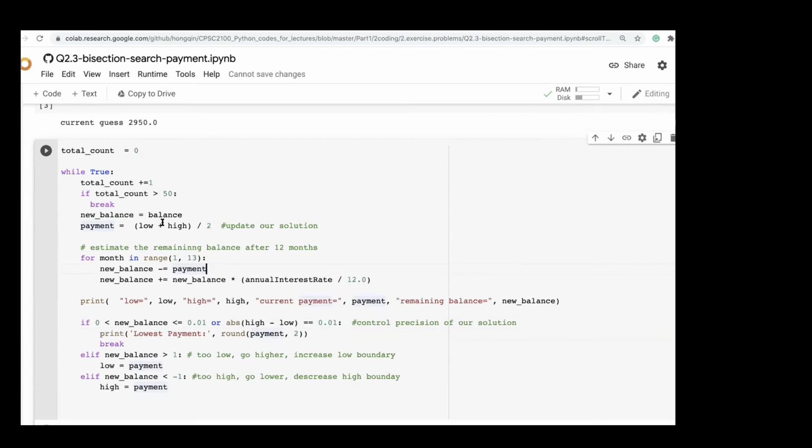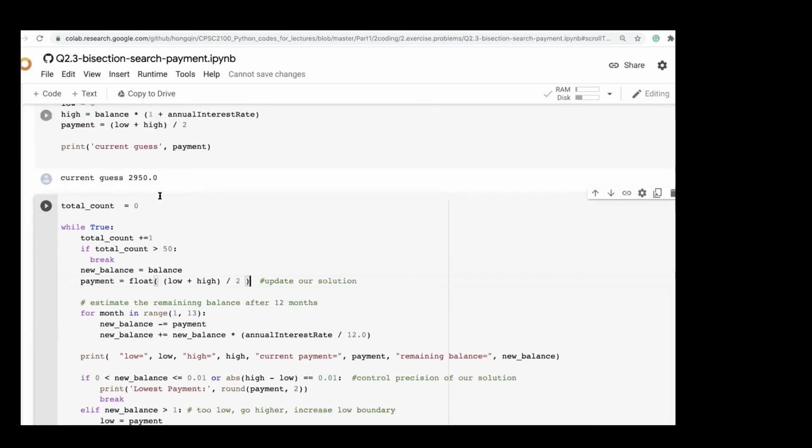Okay. What other things do I need to change? I'm going to make this float. Let's make sure that's the case. How about that? Any other things I should change?